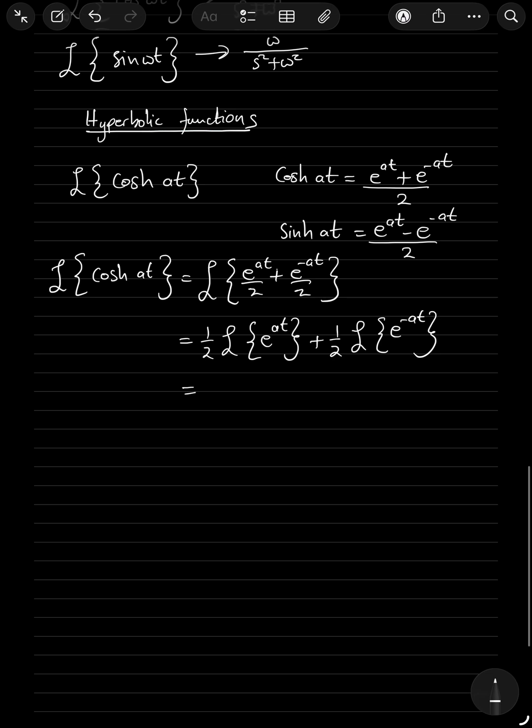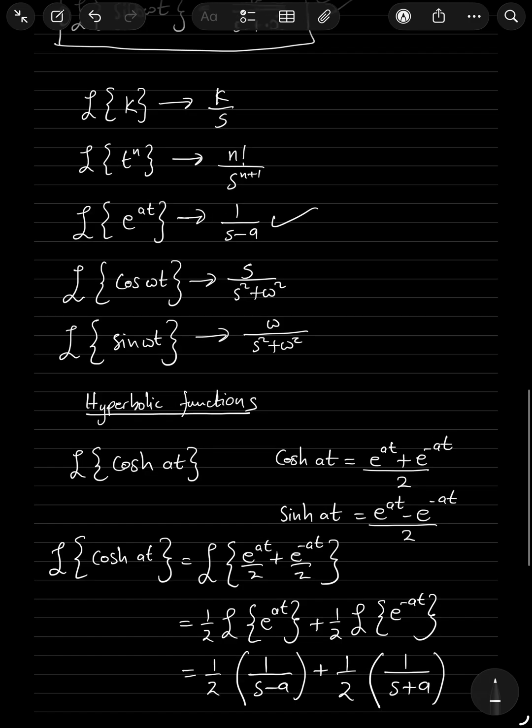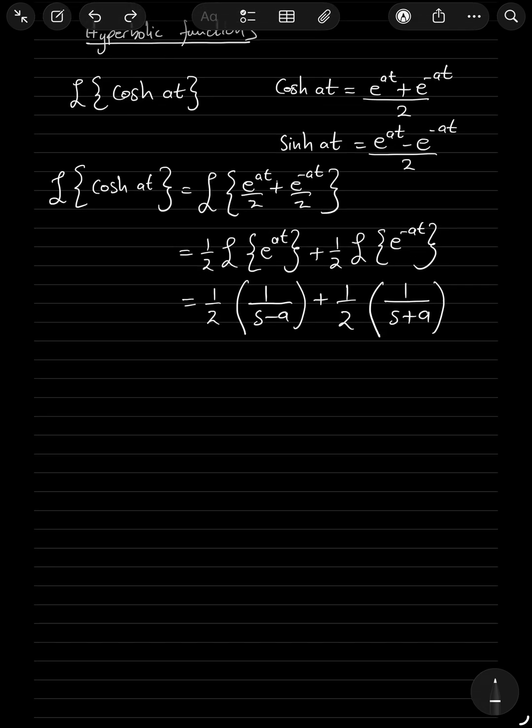And we just did the Laplace transform of an exponential function. So this is going to be half times 1 over s minus a, plus half times 1 over s plus a, right? According to this one. So from here, now it's just a matter of simplifying this. You just collect like terms.